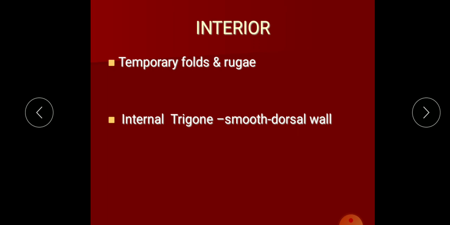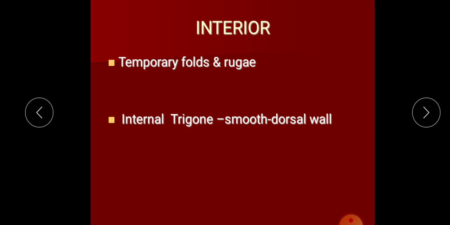One characteristic feature in the interior of the bladder is the presence of the internal trigone. The internal trigone is the smooth surface very close to the dorsal or posterior wall of the bladder.